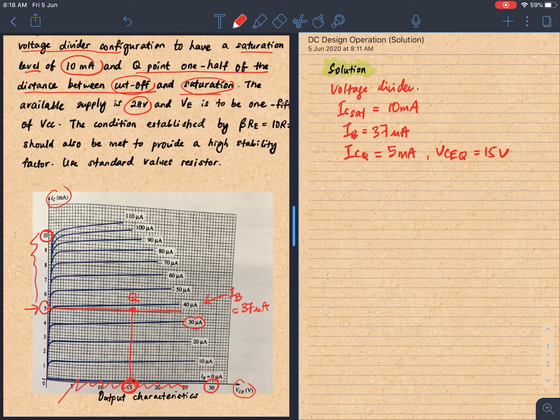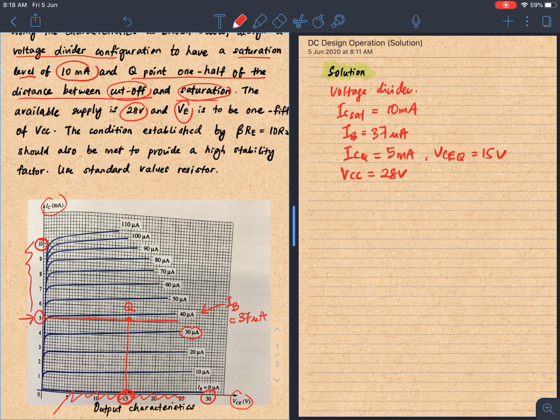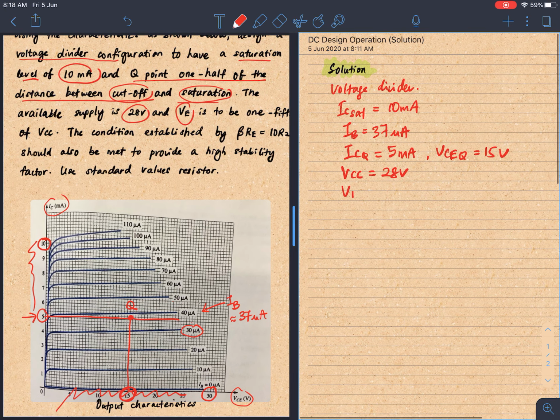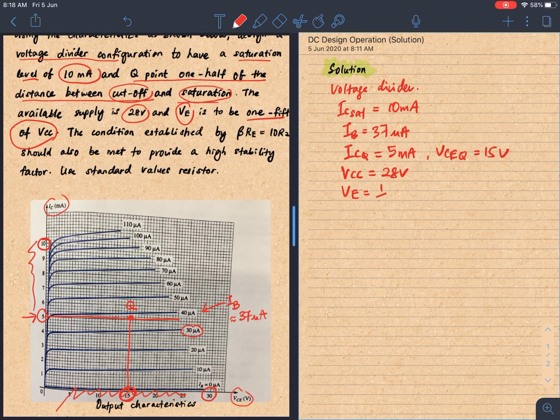Then the VCC, the supply, is 28 volt. Then next is the VE. VE is to be 1/5 of VCC. So 1/5 VCC, you get this.